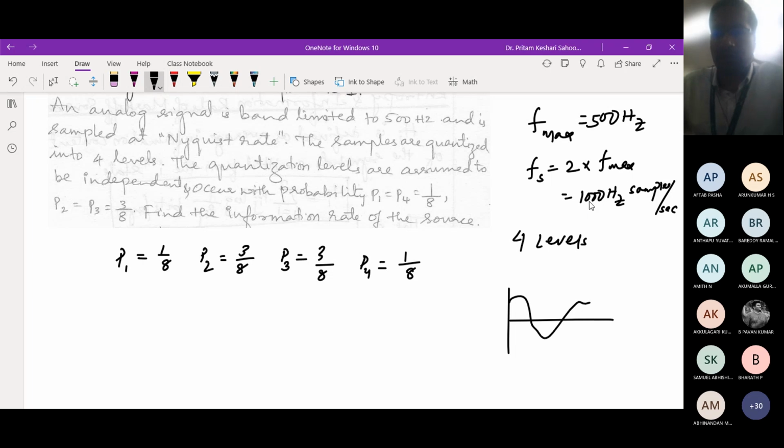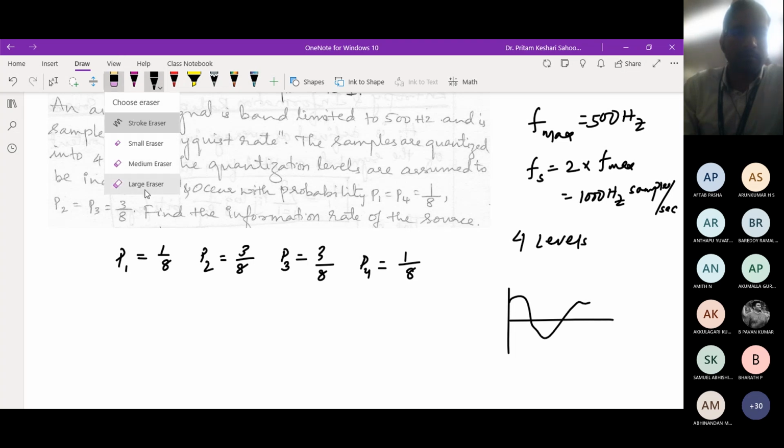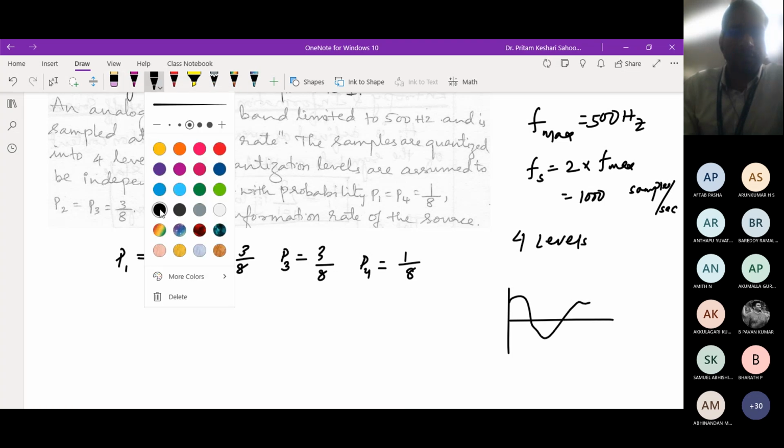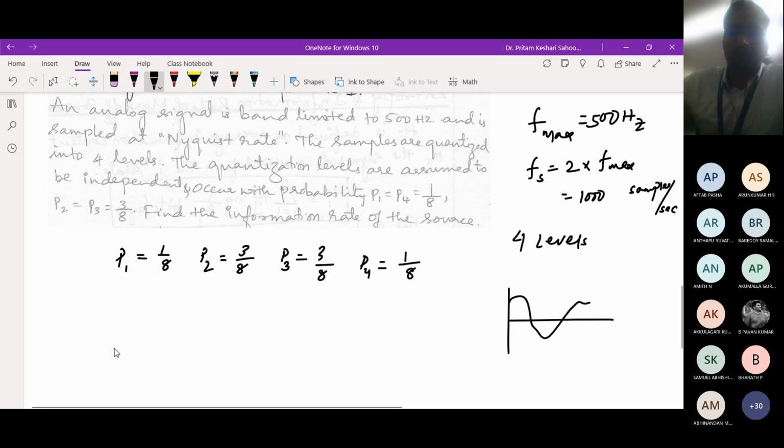So we are sampling at 1000 samples per second.